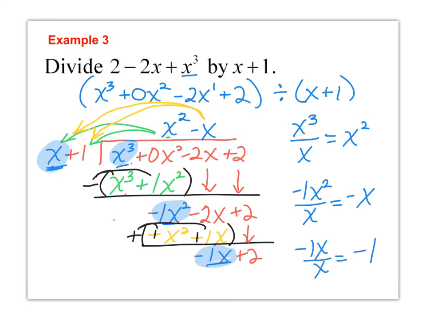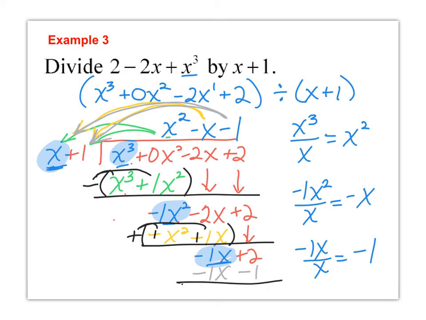And this simplifies to negative 1. That negative 1 goes up here. Now we're going to distribute this negative 1, multiply each of those terms by negative 1, so we get negative 1 times x is negative 1x, and negative 1 times this positive 1 is negative 1.